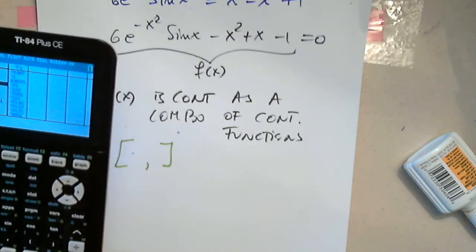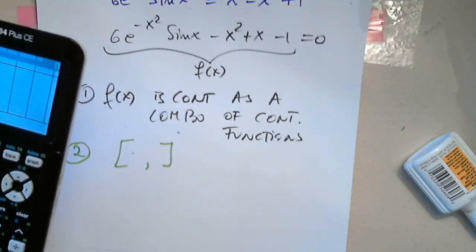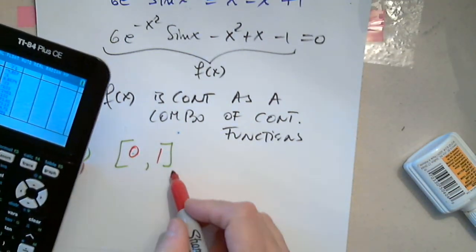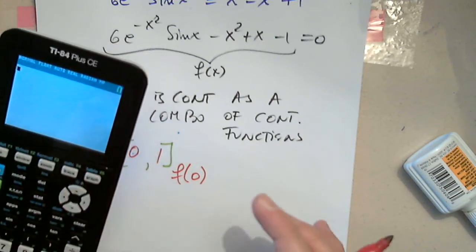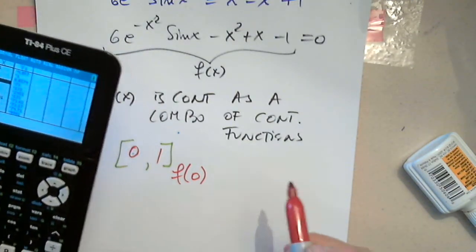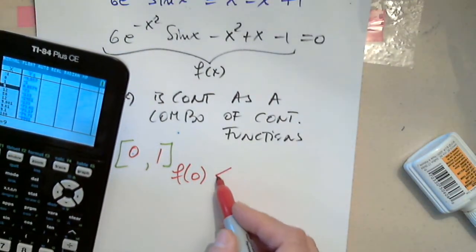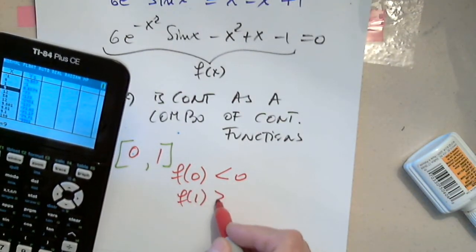I found it, between 0 and 1. That's good enough. Let me make sure the mode is in radian. Yes, it is. So I found that f of 0 is negative and f of 1 is positive.